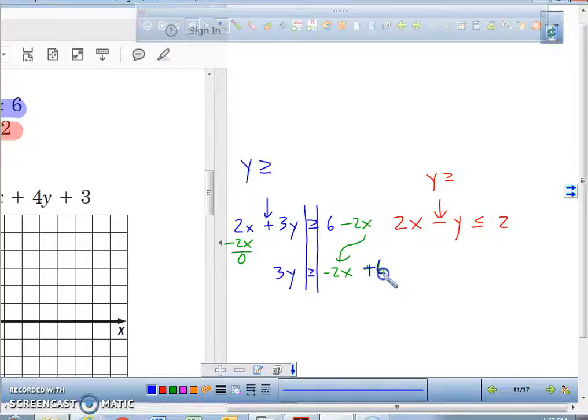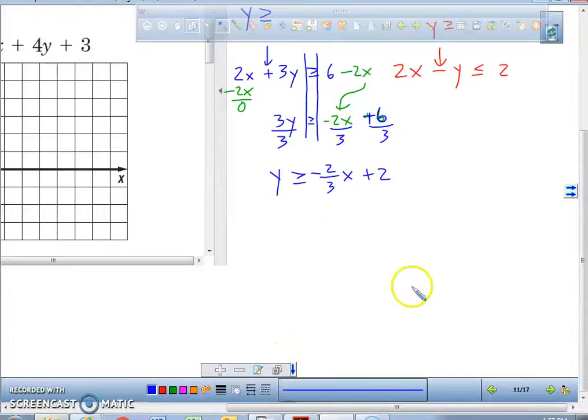And then just keep the positive 6 right there. Then divide everything by a 3. And y is greater than or equal to negative 2/3 x plus 2, which is a very easy linear inequality to graph because we have a clear slope, negative 2/3. We have a very clear y-intercept, that's a positive 2. This lets me know I need to go down 2 and 3 units.